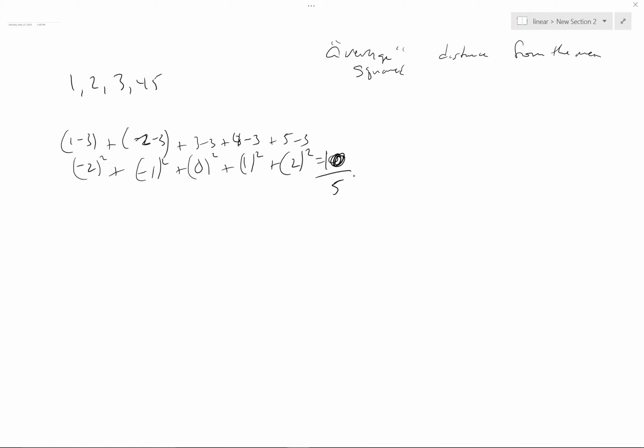Now, that having been said, this is how much variation. In other words, the variance is 2, which is the average squared distance from the mean. And if you take the square root, you get the square root of 2, which is what we refer to as the standard deviation. It's not perfect because this is the population we calculated, so it's kind of weird, but whatever. That's how it works.